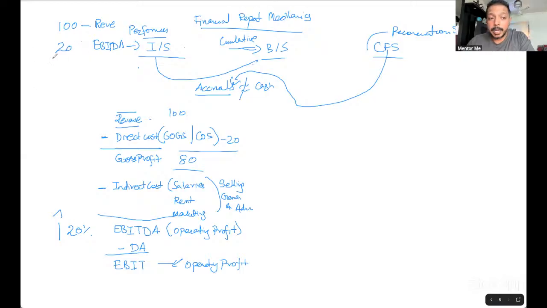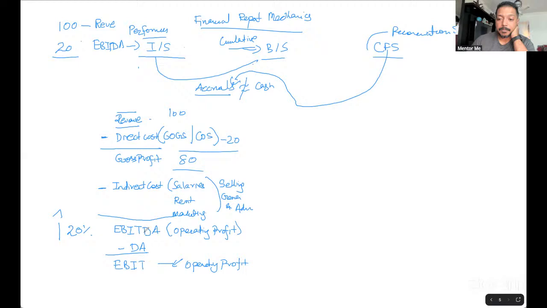Because if we do not have this 20, we cannot take the shocks of changes in the market. There might be price changes, policy changes, tariffs. So if a company is not even having a 20% margin, then in the longer run, the business is not even scalable, right?